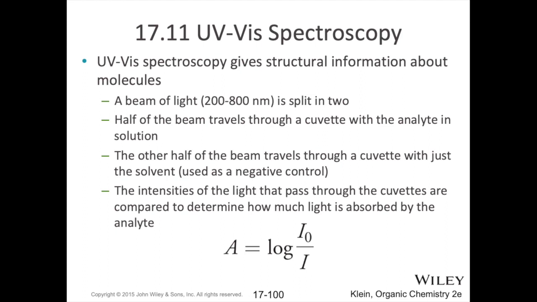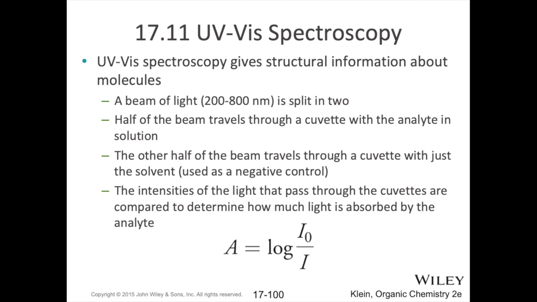One of them is basically a control. You just have your solvent that you're using for whatever sample you're going to test, but instead of having your solute dissolved in the solvent, it's just blank solvent. So that's a control.